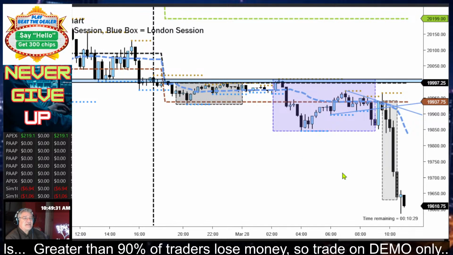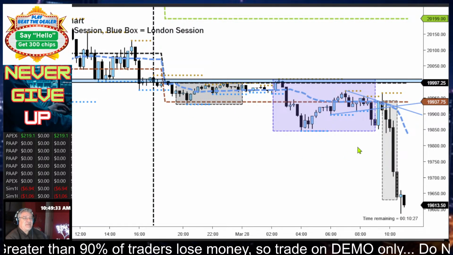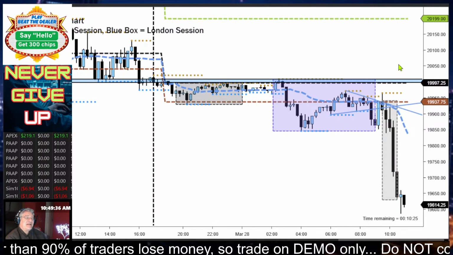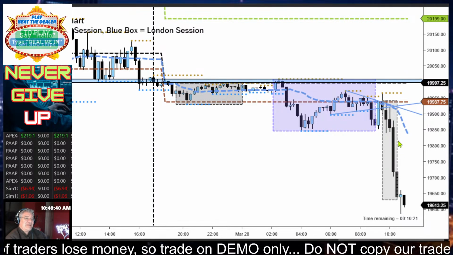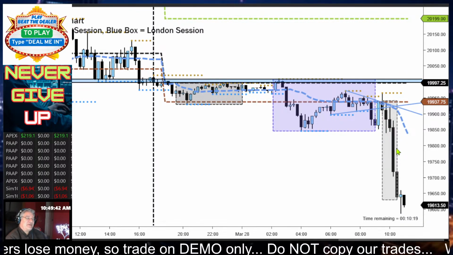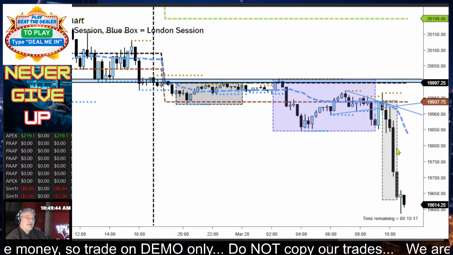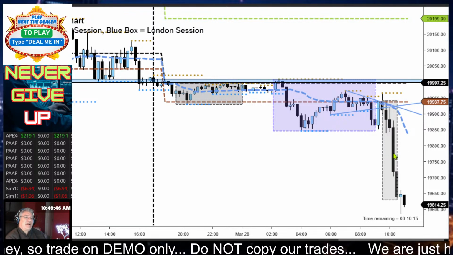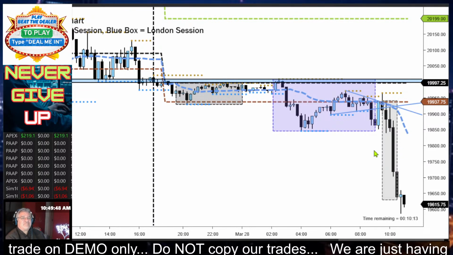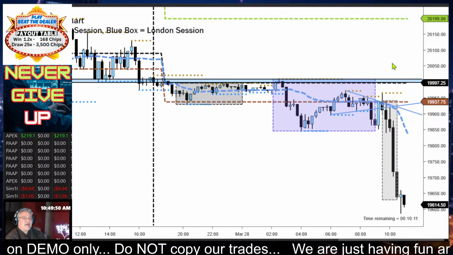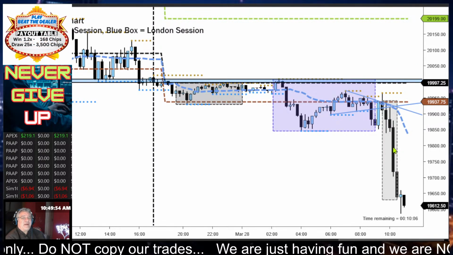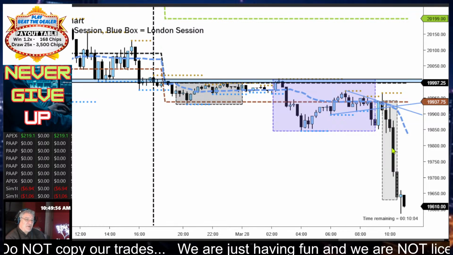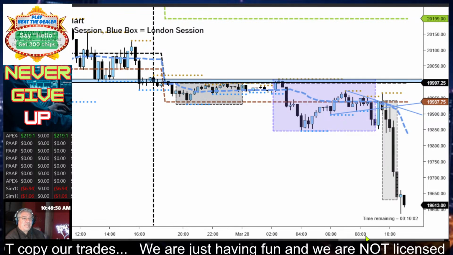The London session is the blue box, the Asian session is the gray box. If we had gotten above the London session highs and the Asian session highs and then came down at 19,800, is that a scenario? That's the good word. Is that a scenario where you would have said, okay, the longs that got trapped up here above 20,000, they're gone, they're out, not much to work with, so that could be a bottom.